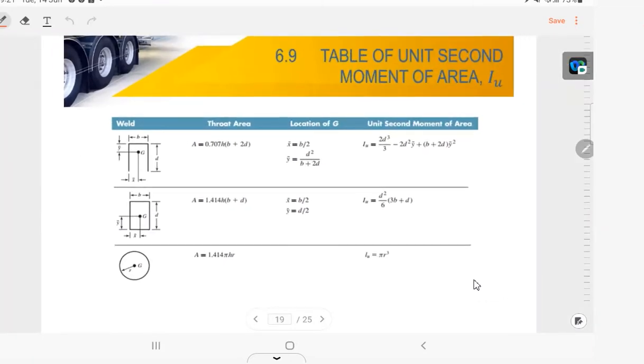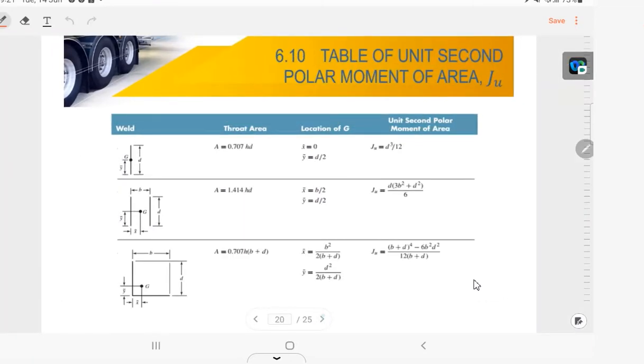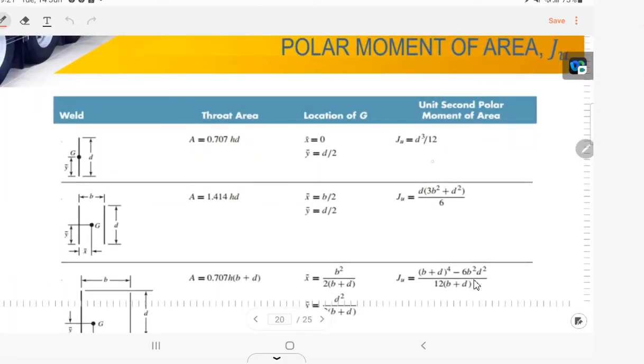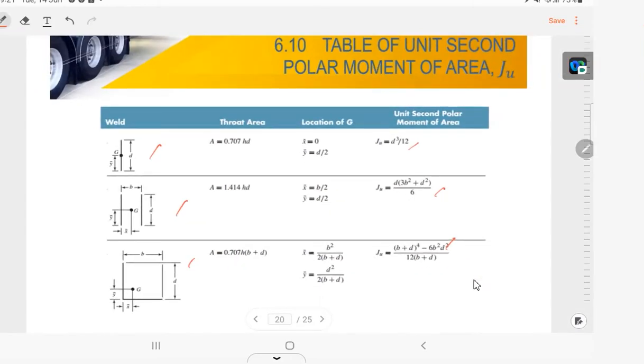Okay, this is the second moment of area, I, and this is the polar moment of area. So also you just use this formula based on this type of welding. Okay. You tengoklah mana D dia, mana B dia. So you just use all the formula.